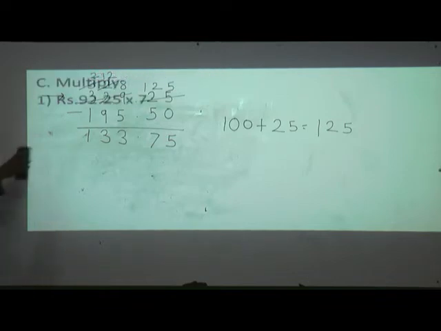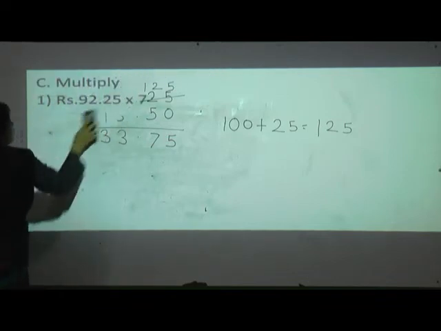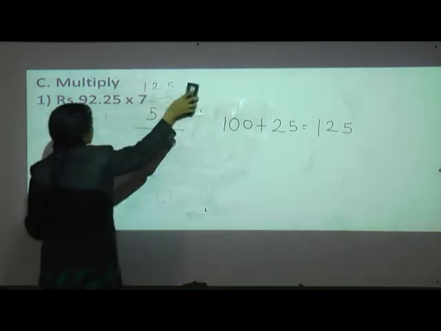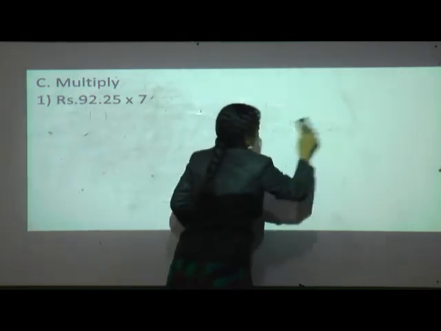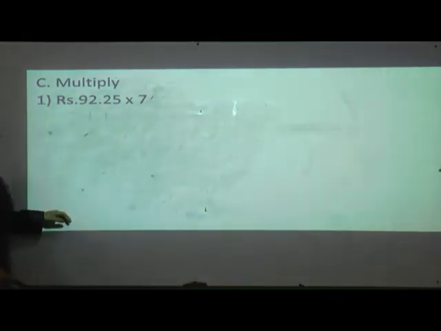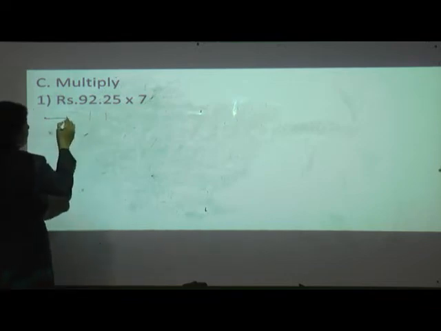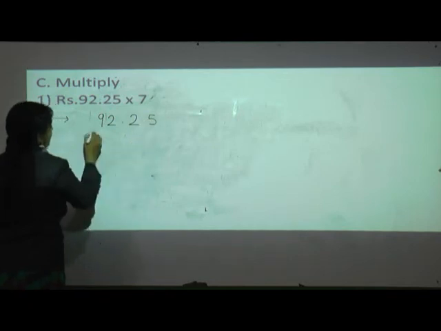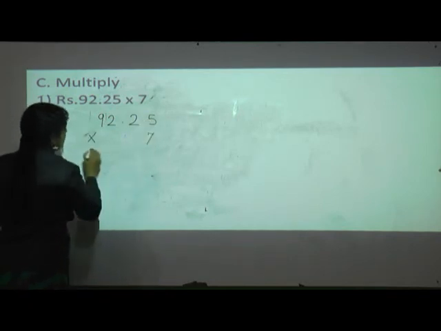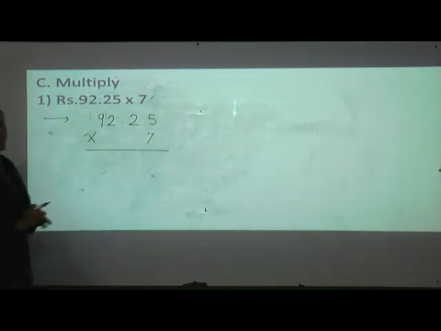Multiply. Here, first question, rupees 92.25 multiply by 7. So write it properly here. 92.25 and here multiplied by 7.